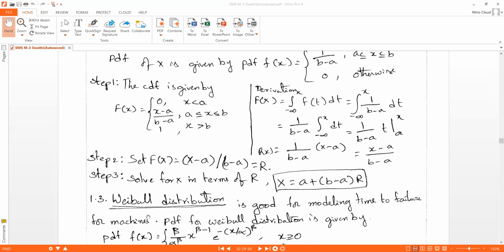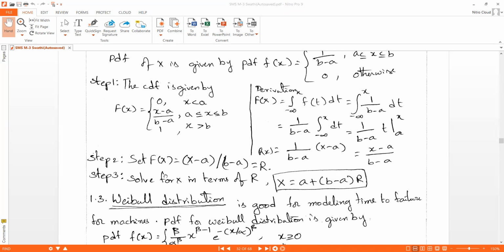That is step 2 in uniform distribution: set F of x equal to r. What is the F of x value? After derivation, the F of x value is x minus a by b minus a. So F of x is equal to x minus a by b minus a, and that we are setting equal to r.